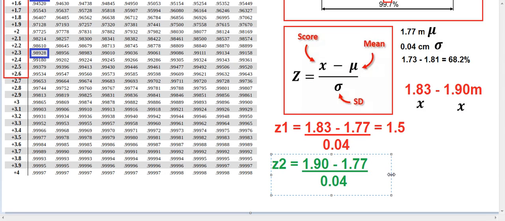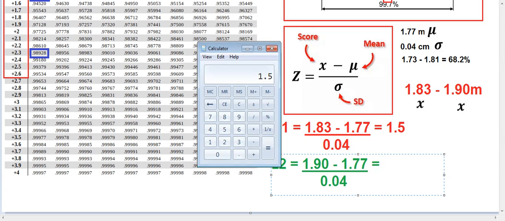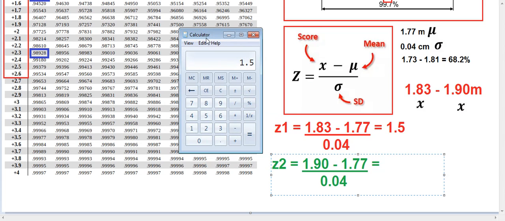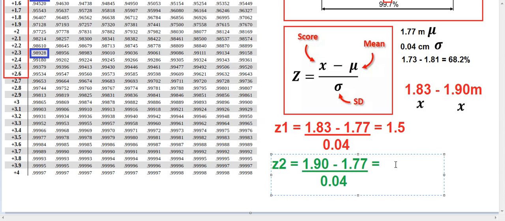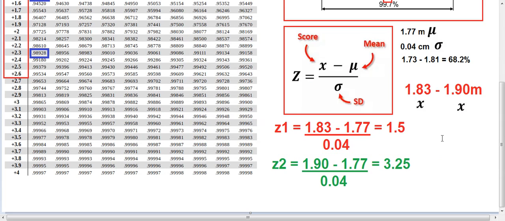So let's use our simple calculators: 1.9 minus 1.77 divided by 0.04. Now the z-score is 3.25. So we have z1 and we have z2.